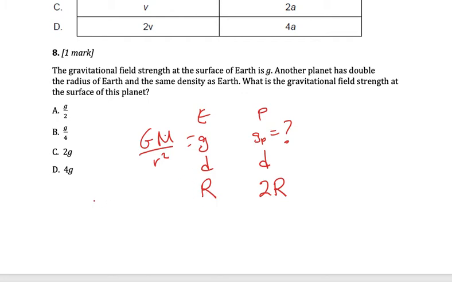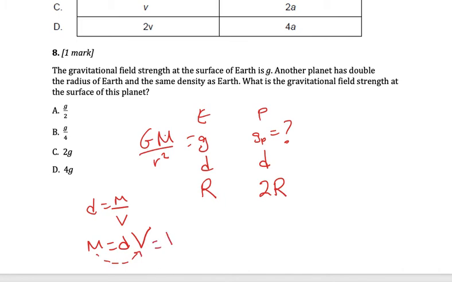Now, let me explain that again. Density is mass divided by the volume. You can rewrite this as mass equals density times the volume. So you can see that mass is directly proportional to the volume.